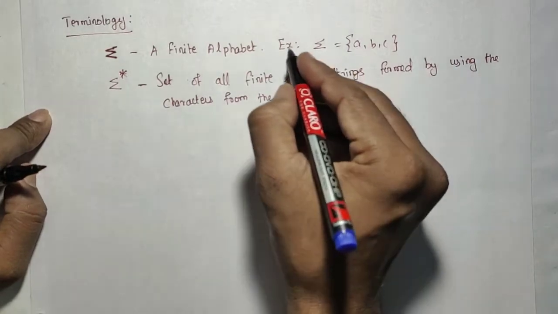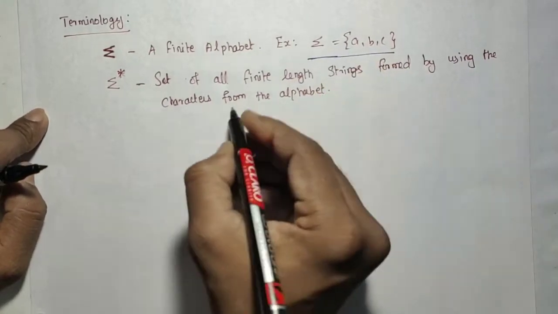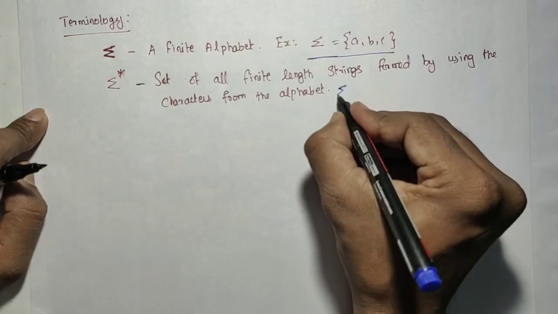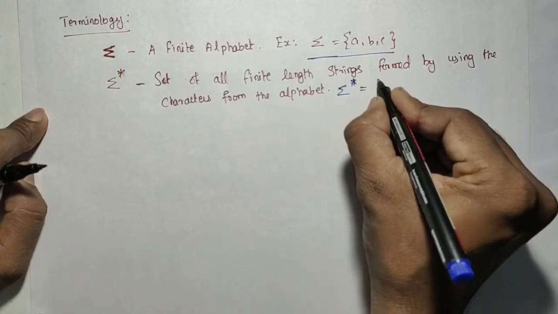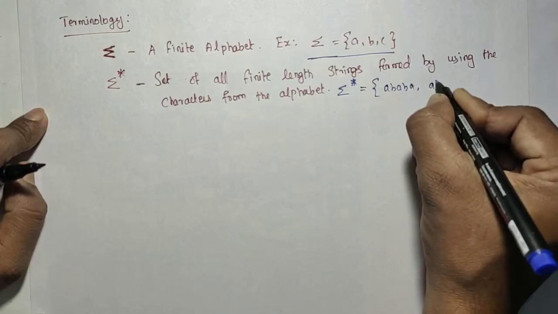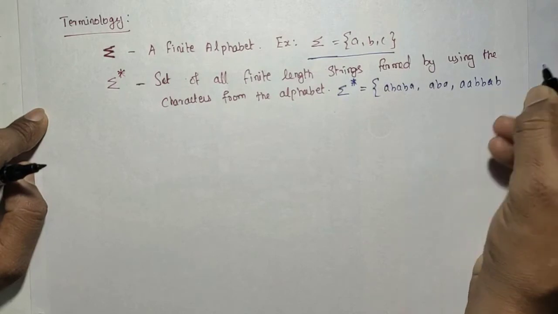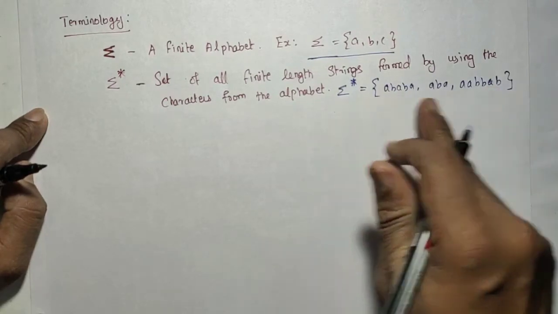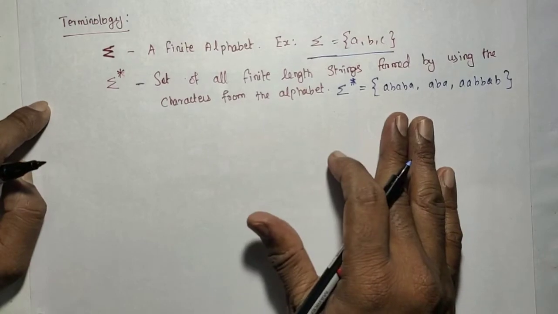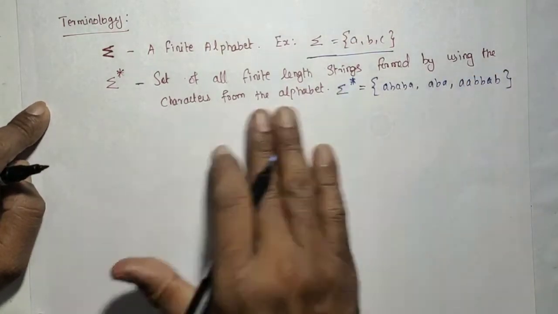For example, if this is the sigma, then sigma star will be the set of, for example, a b a b a, a b a, a b b a b, like that and so on. The set of all finite strings formed by using the characters from the alphabet.